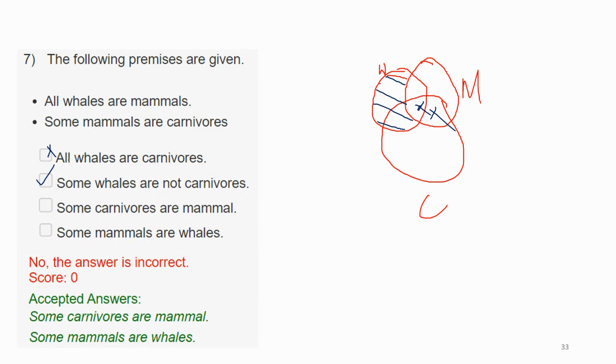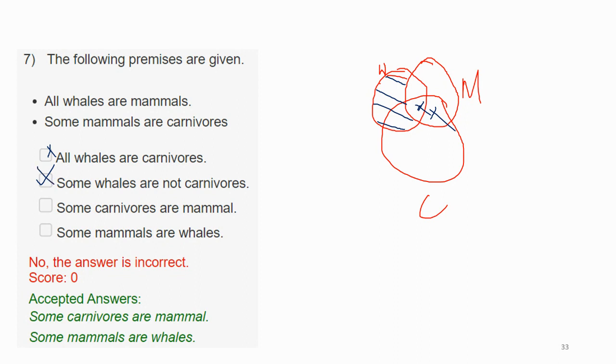Did I make a mistake? Some whales are not carnivorous. That is also wrong, right? Since there is a cross, we can say that some whales are carnivorous, but we cannot say that some whales are not carnivorous. So that will be crossed out.